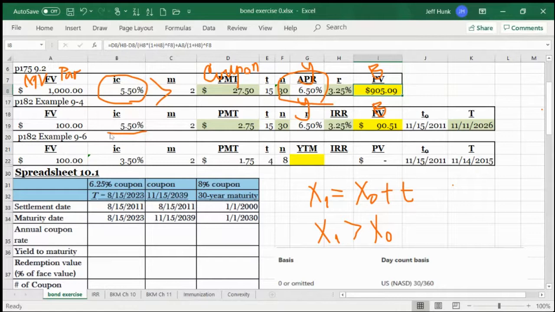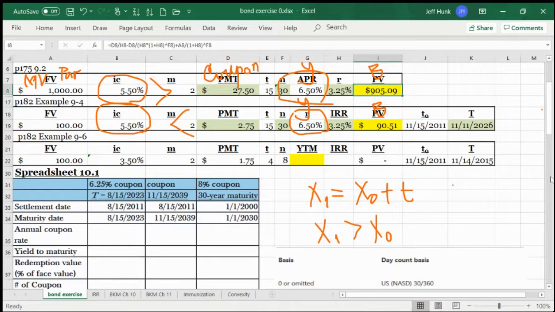Because look at the coupon rate. The coupon rate is less than the yield, or the discount rate. And of course, then it would have to be a discount bond.